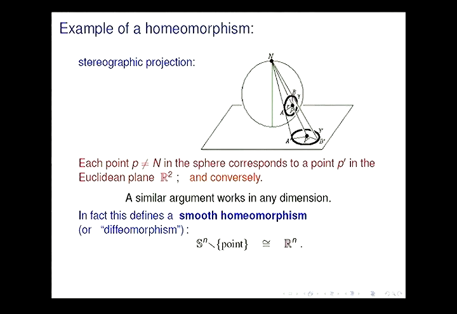So what do I mean by saying this is a smooth homeomorphism? Well, again, you have to think of blowing it up. So suppose you take a very powerful microscope and blow up around this point so that the sphere looks just like a plane, and you don't have to blow this up.